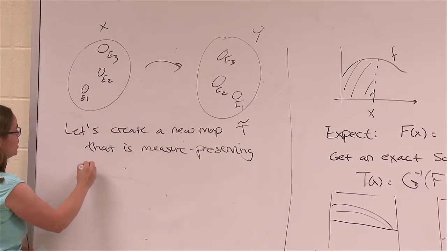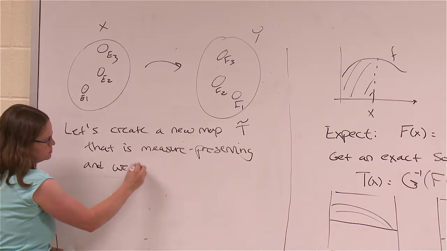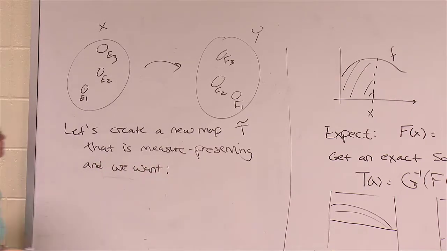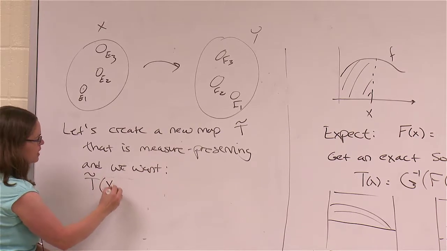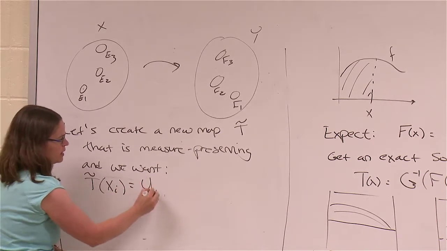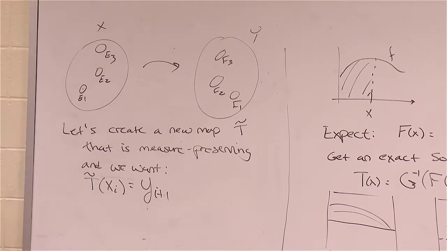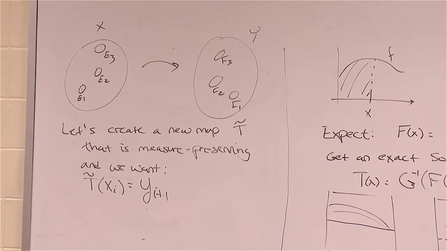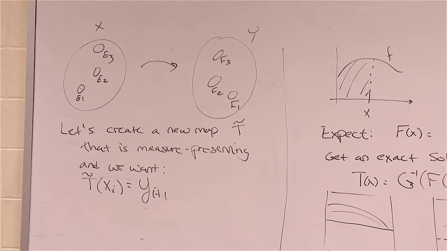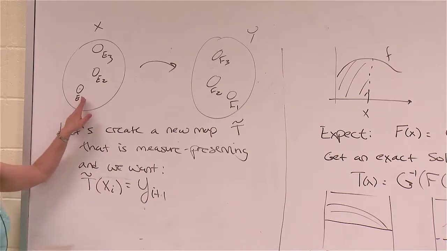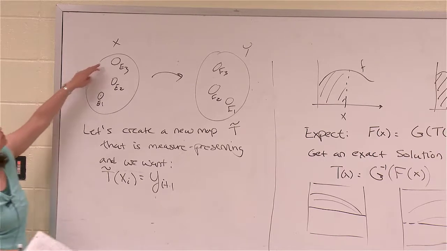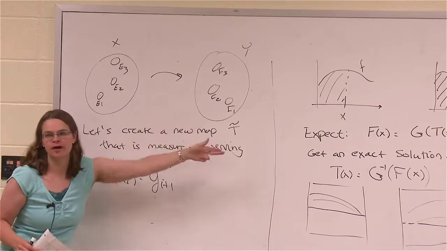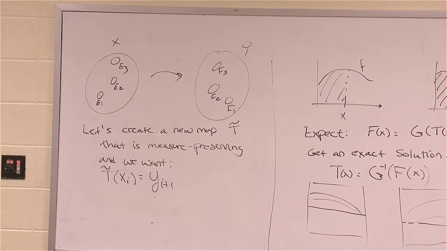We want T tilde of each x_i to equal y_{i+1}. So E1 again goes to F2. We're doing this in a cyclical way, so once we get to the top, this wraps back around to F1.